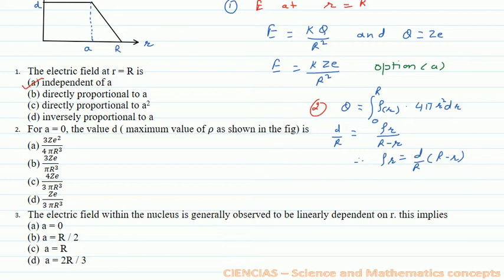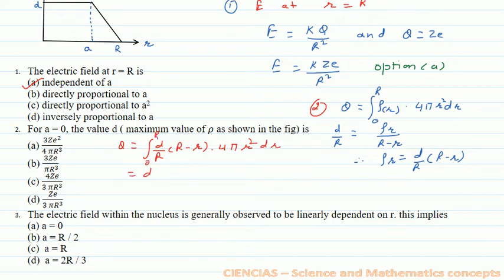So now we solve this question. Therefore, Q will be equal to the integration of D by R into R minus r, 4 pi r square dr. The limit is from 0 to R.